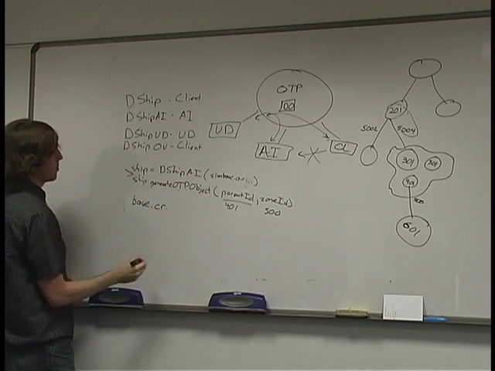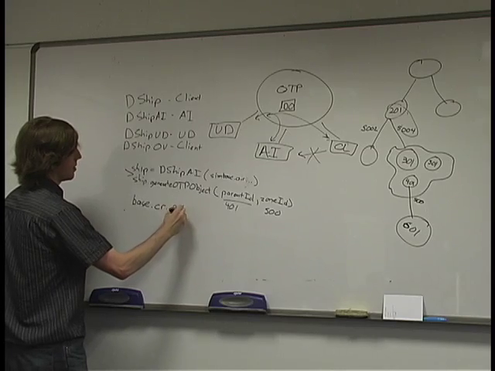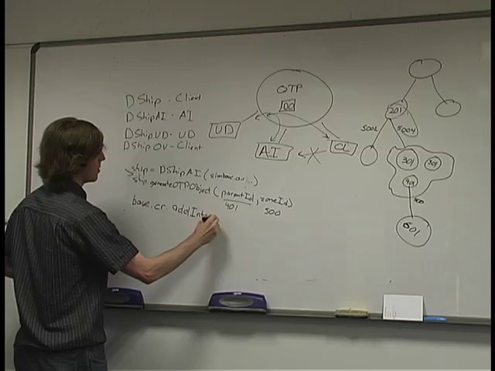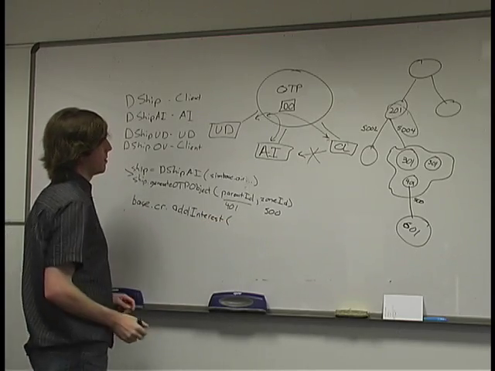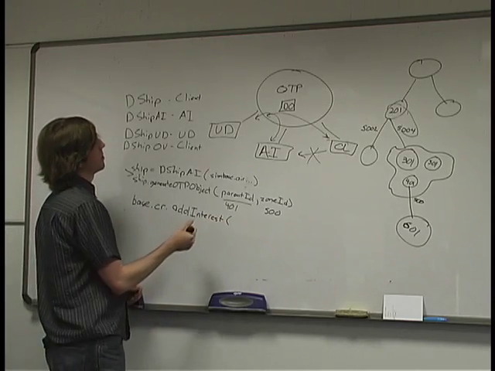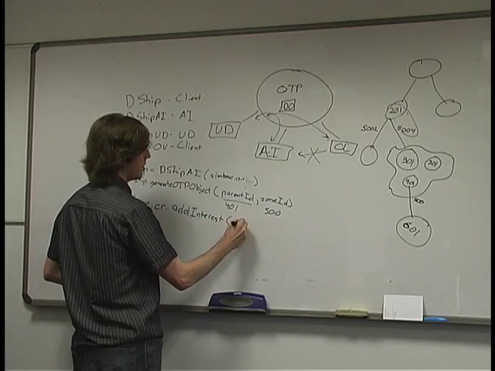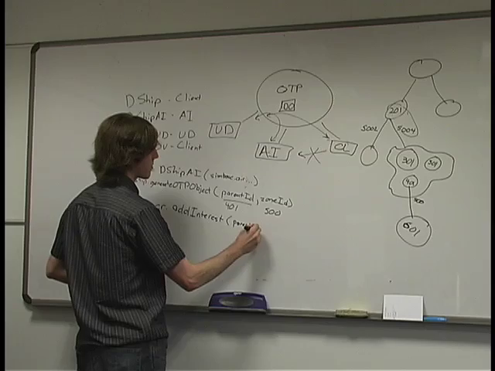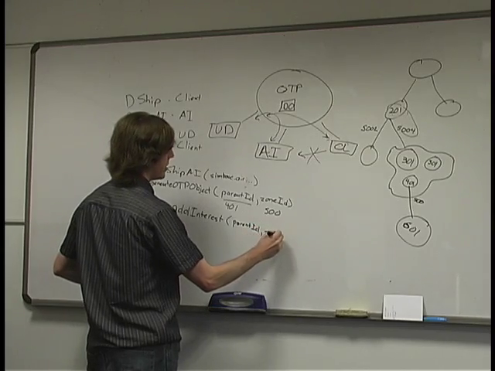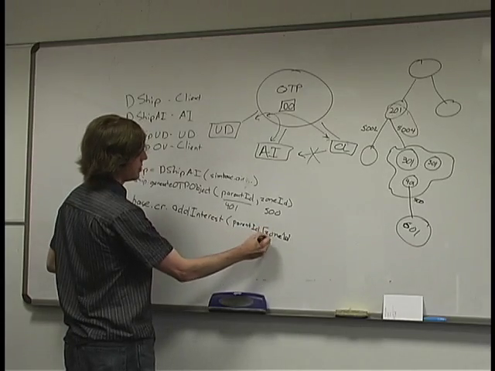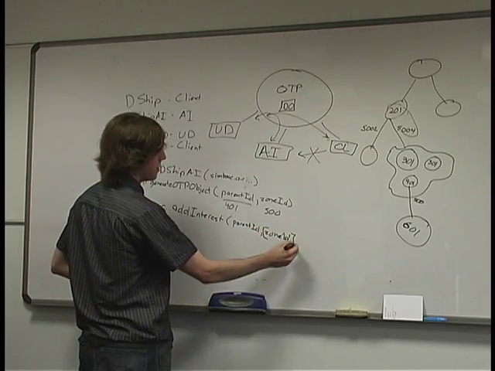So you say base.cr for the client repository, add interest. And you give it, what's the syntax? Something like the parent ID, the zone ID. You actually give a list of zone IDs, but we'll just do one for right now.